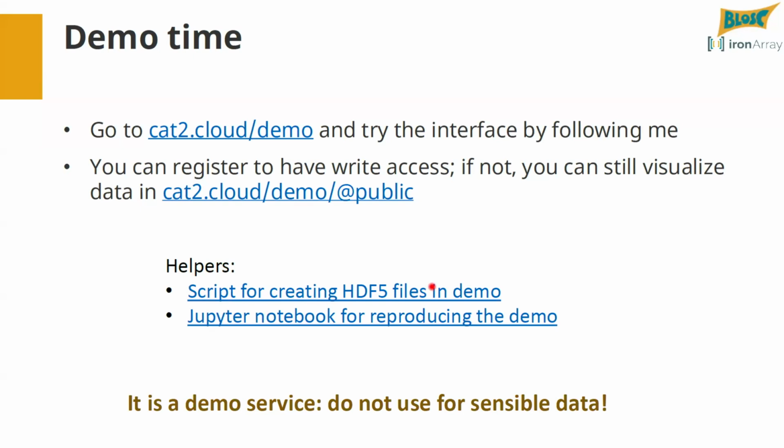There is the script for creating the HDF5 file in the demo. In this script, we also created files with the JPEG codec, just for demonstration purposes. And then a Jupyter notebook for reproducing the supposed interactive demo, but it's based entirely on the client API, the Python API. Everything that you can do interactively with the web service, you can do also with the Python API, or the REST API if you prefer.